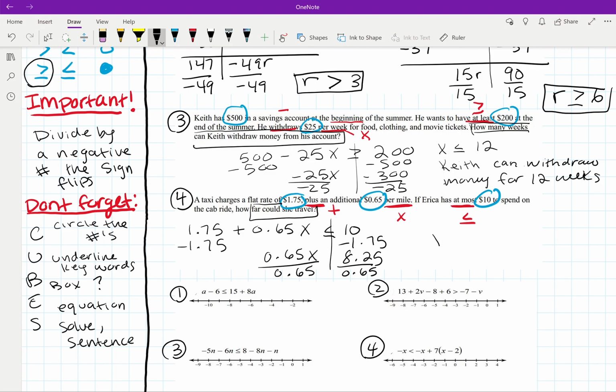I'm left with X is less than or equal to about 12.69. If we were to write that in a sentence, did they give a name here? Yep, Erica. Erica can travel at most 12.69 miles.